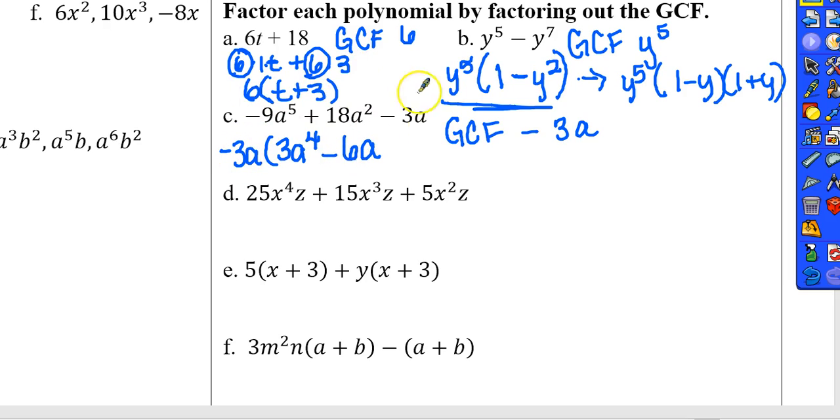And negative 3a times what gives me negative 3a? Positive 1. You'll notice that all of the signs inside your trinomial factor switched because we took the negative out. So all the signs in the trinomial factor switch. You went from negative to positive, positive to negative, negative to positive. Anytime you factor out a negative, that's always going to be the way it is. Okay, you do the next one. Quickly, quickly.